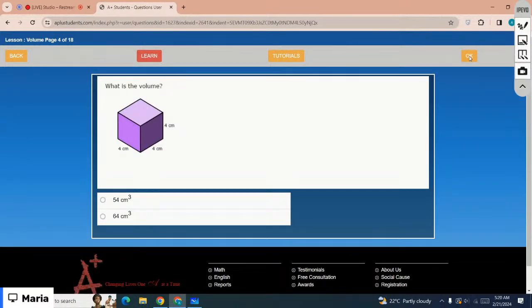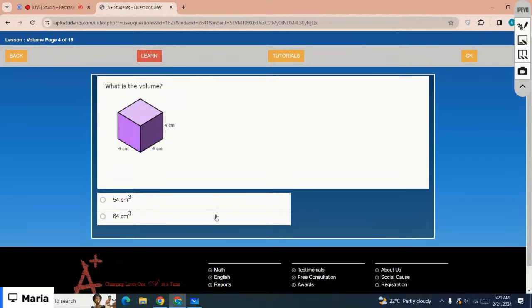Okay, the next one is, what is the volume? So which is the correct option? 4 times 4 times 4, so the correct option is 64 centimeter cube.